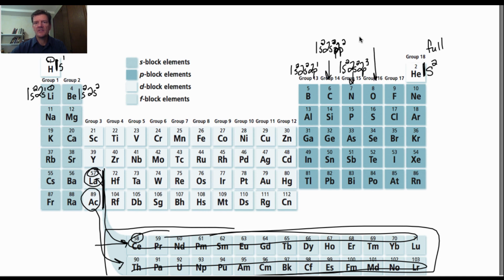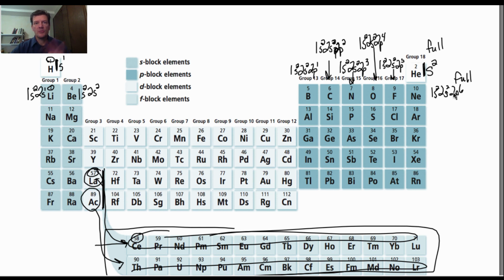Oxygen. 1s2, 2s2, 2p4. Fluorine. 1s2, 2s2, 2p5. And then neon, 1s2, 2s2, 2p6. Full.